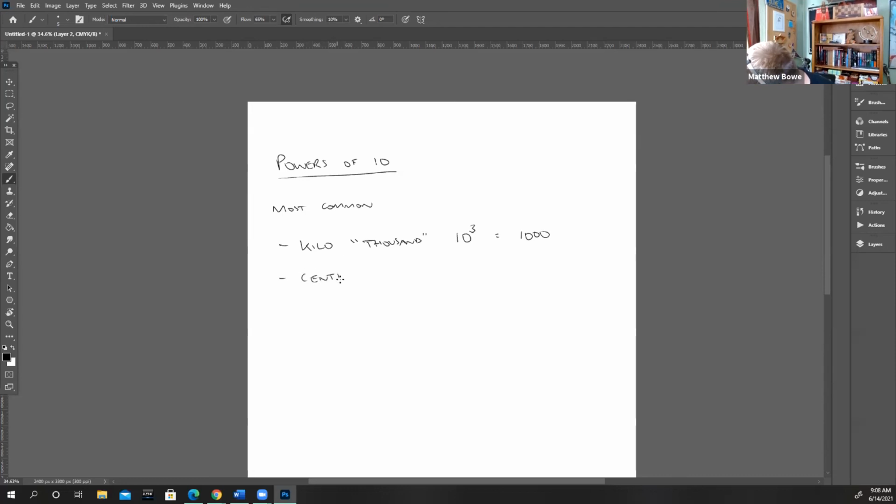There is centi. These are the prefixes up here. That means 100th. That is 10 to the minus 2.